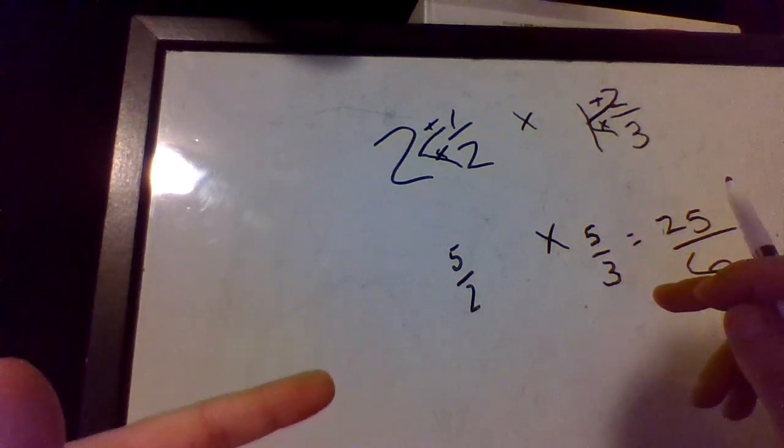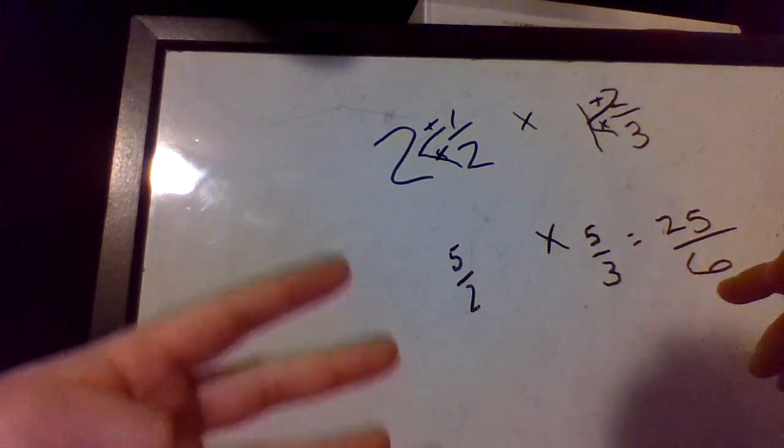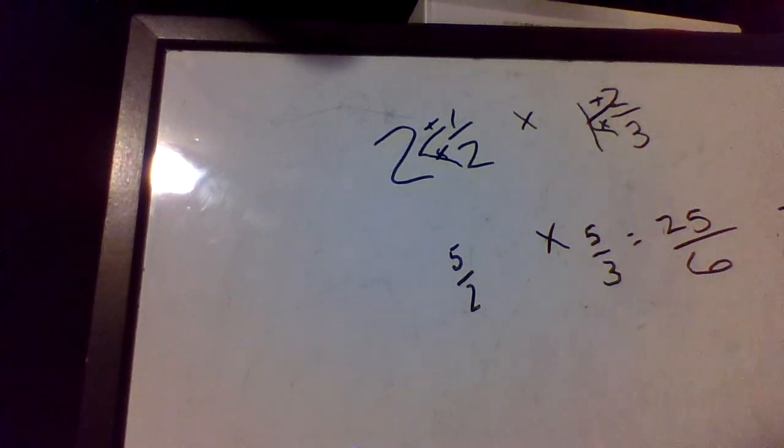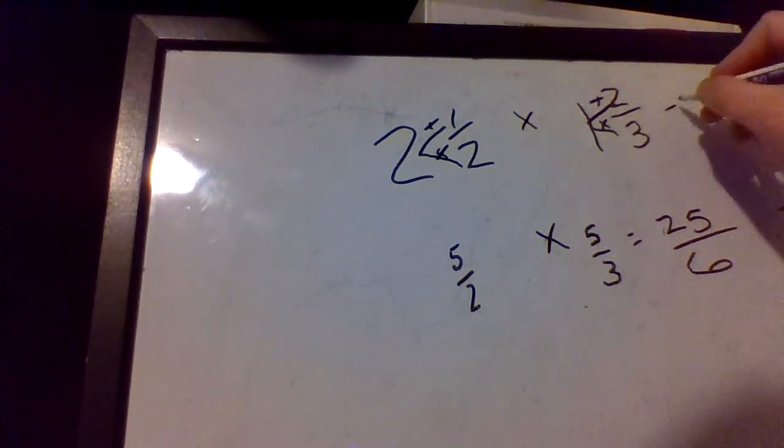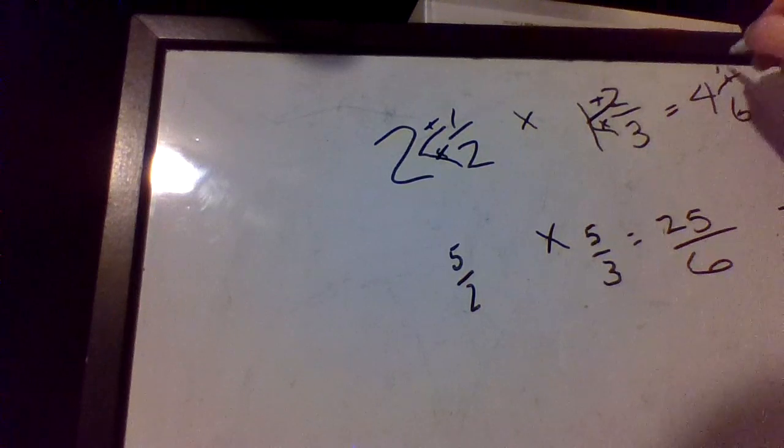And 5 times 6 is 30. 30 is bigger than 25, so we've got to back down to 4. 4 times 6 is 24. We subtract those and get 1 left. The 1 goes over your 6. So your answer is 4 and 1 over 6.